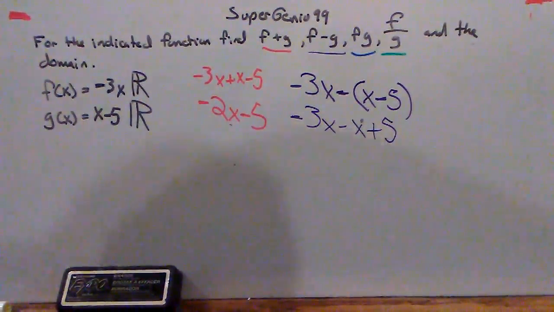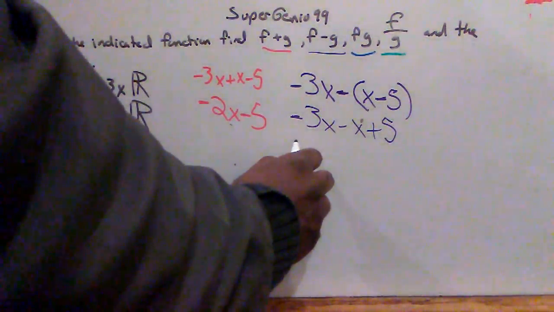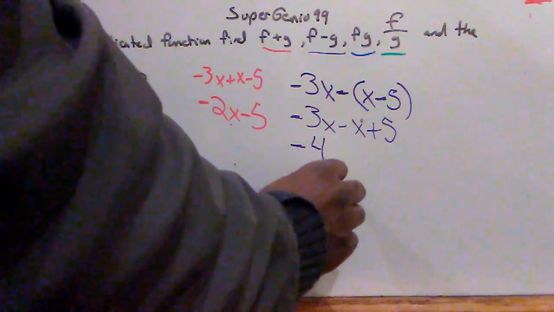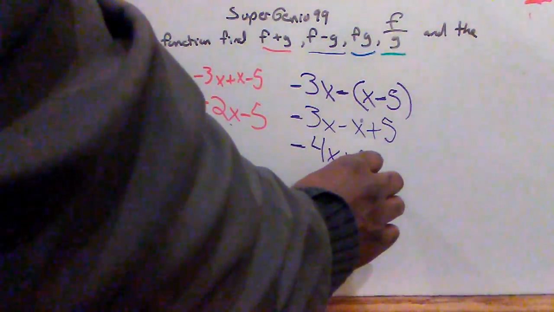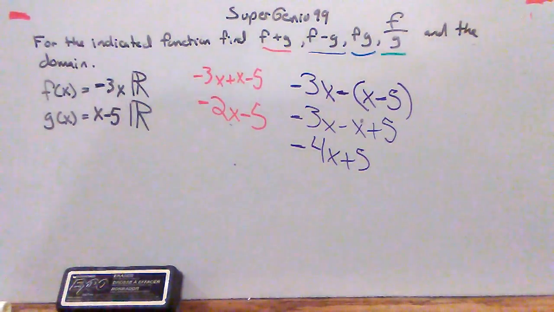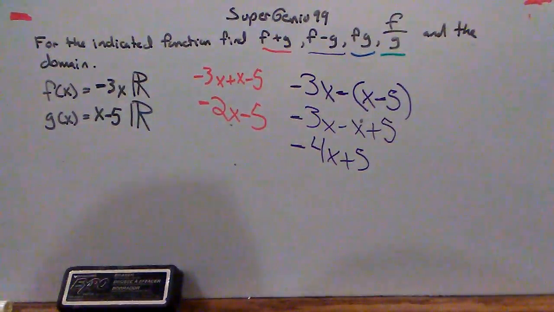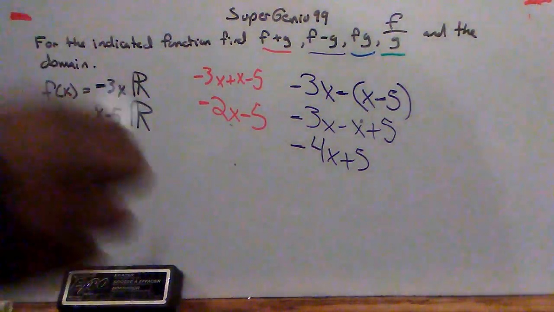Combine like terms, and what do you get? Okay, and then f times g, what does that look like?